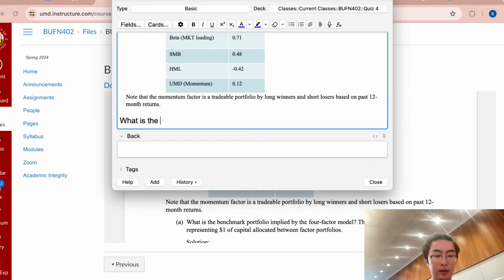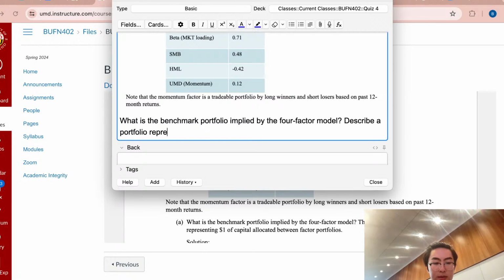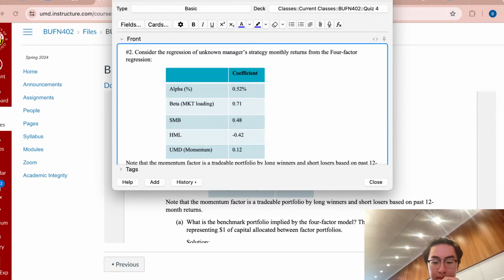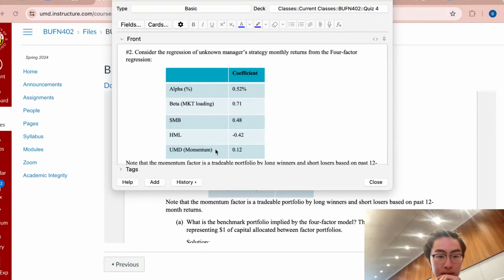What is the benchmark portfolio implied by the 4-factor model? So describe a portfolio representing $1 capital allocated between factor portfolios.